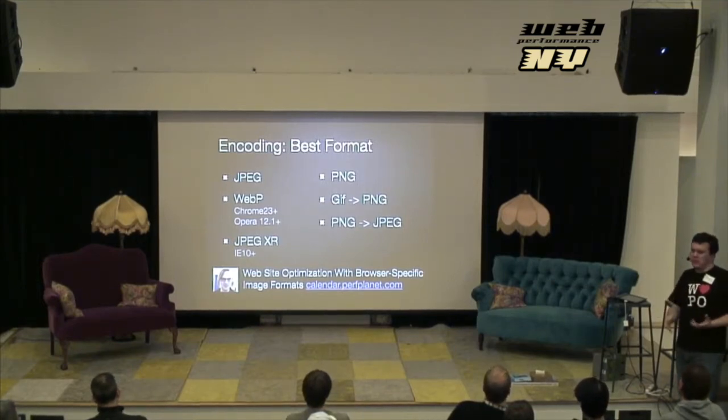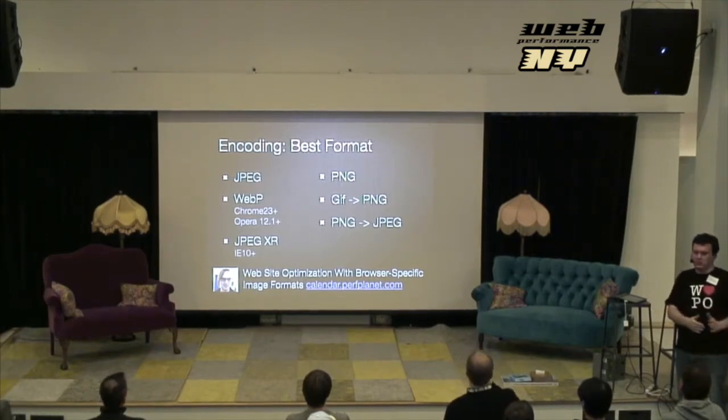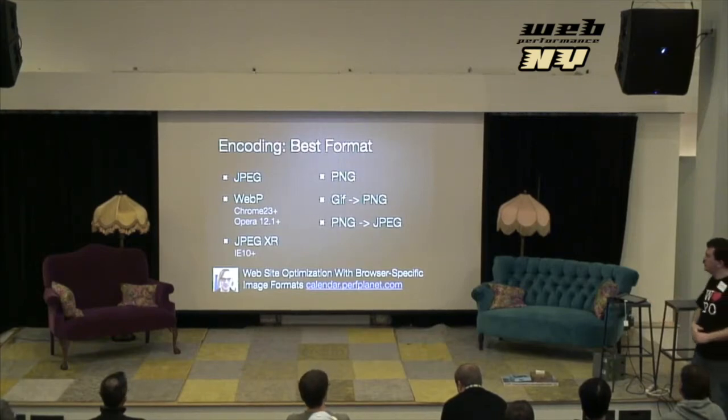Depending on your flow, you might get different problems coming in your door. We do have some editors making screenshots from HDTV quality videos in PNG, and the image that would be 100K becomes 1.5 megabytes, right? Not something you really want to do.